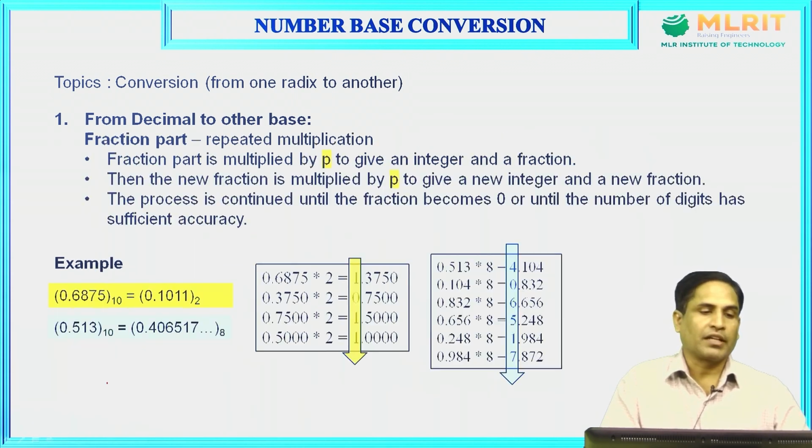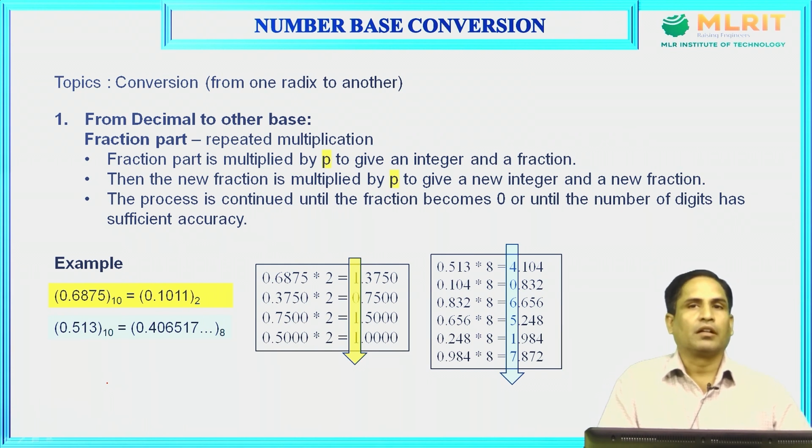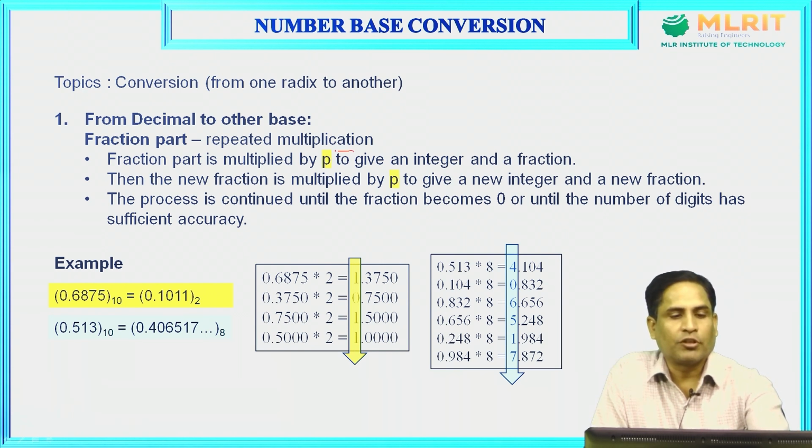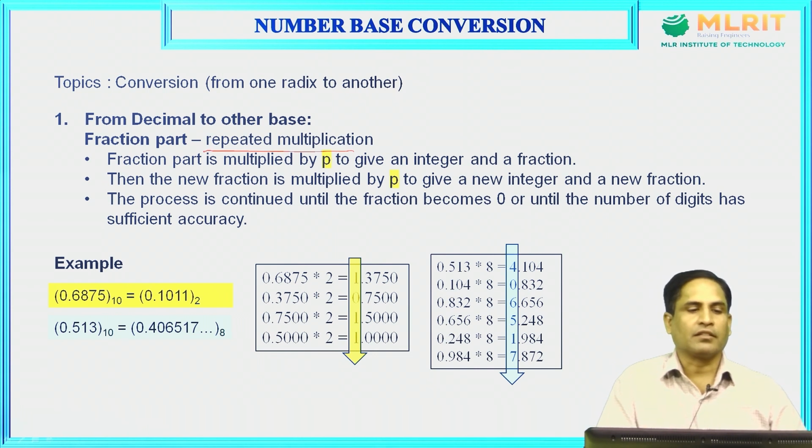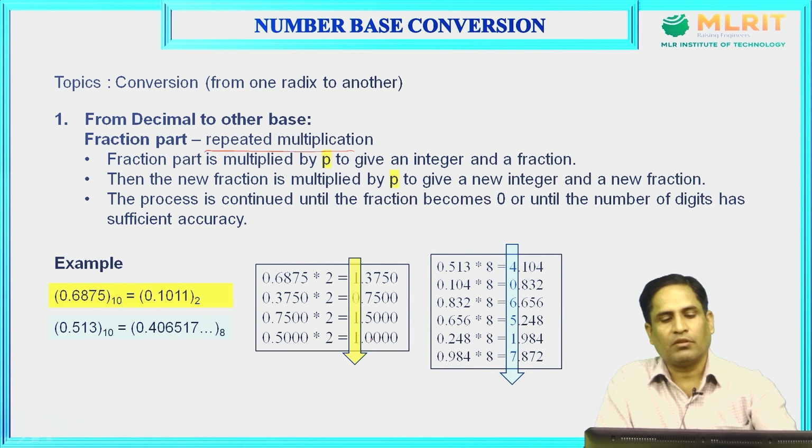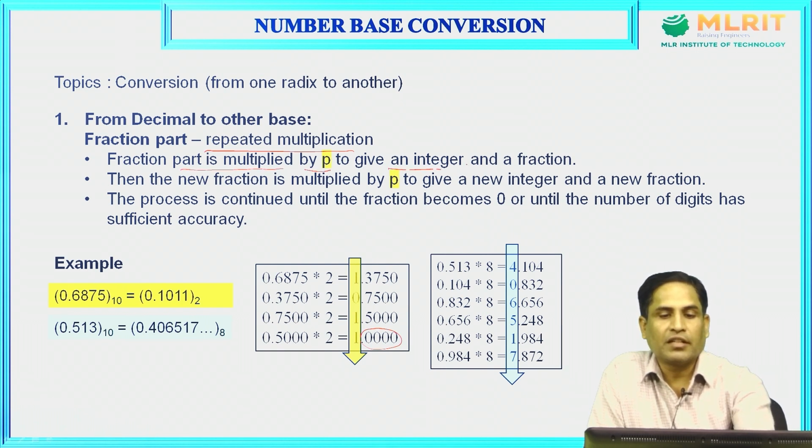Now for the fractional part, what we have to do: earlier for the integer part we did repetitive divisions and took care of the remainders. Here we are going to follow the process of repeated multiplications, in such a way that either the fractional part becomes 0 or we get some significant digits. The fractional part is multiplied by p, that means the destination base, to give an integer and a fraction.